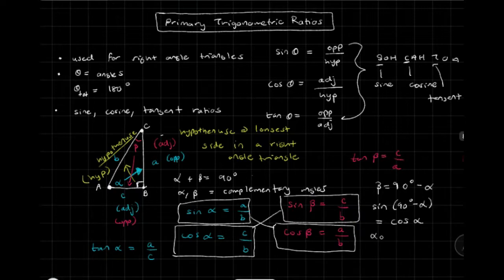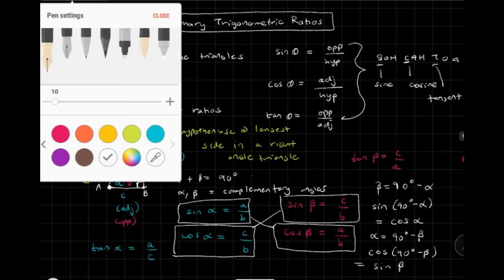Alpha is 90 degrees minus beta, so in that sense, cosine of 90 degrees minus beta is equal to sine beta. Okay, and this is going to be true for whatever angle you look at. So this brings up a really important identity that we're going to be exploring later, which is called the cofunction identity.